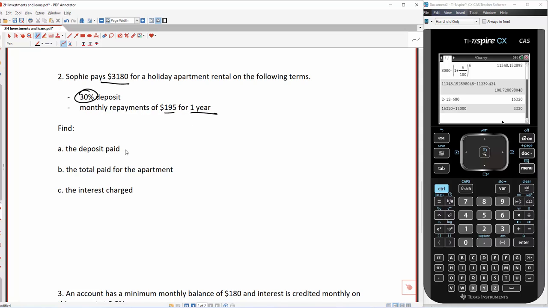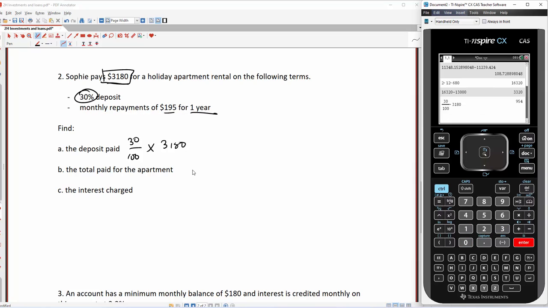So what we're going to do is work out the deposit paid, and that's going to be just 30% of whatever the rental costs. So that's 30 on 100 times 3,180. And she's going to pay $954.